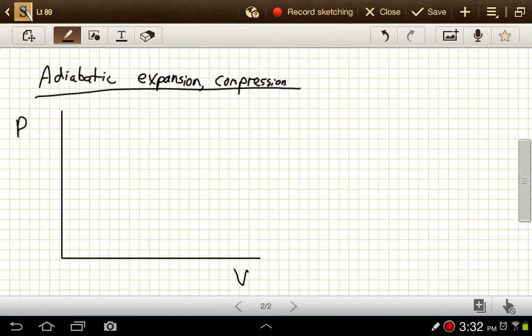And then with adiabatic expansion or compression, this is the one where we have no net transfer of heat in our system, but pressure and volume and temperature can all change, and they all do change in adiabatic expansions or compressions. So in the previous video, one thing that I mentioned was that pressure has a bigger change as a result of a specified volume change than it would in isothermal expansion or compression, because the temperature now is going to change.